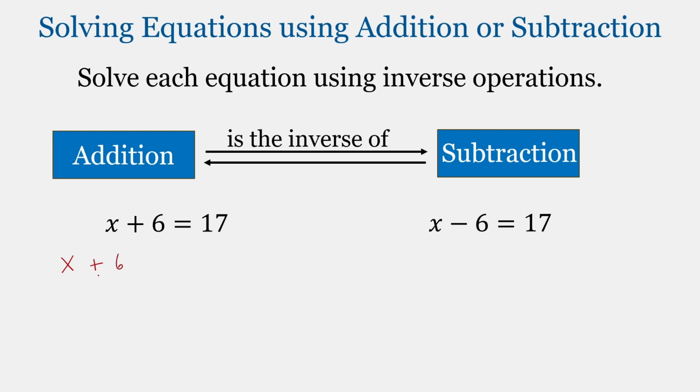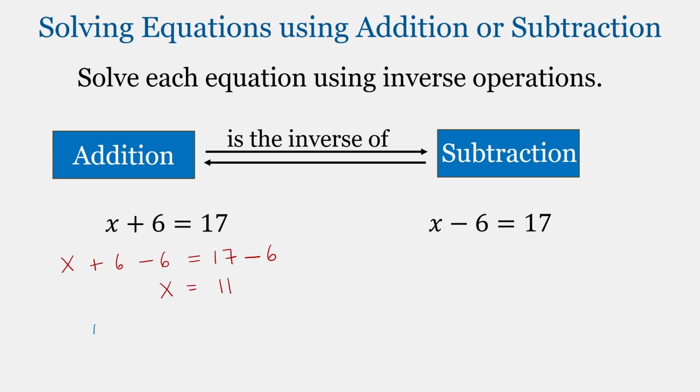So we have x plus 6. So the inverse operation of addition is subtraction, so we're going to subtract 6. And once again, what we do to one side, we do to the other. So if we subtracted 6 from the left, we're going to subtract 6 from the right. 6 minus 6 is 0, so now we have x equal to 11.